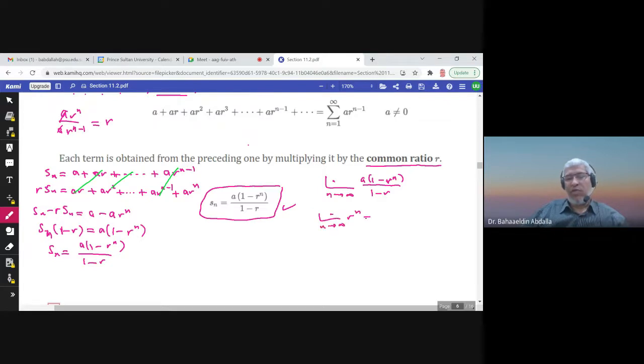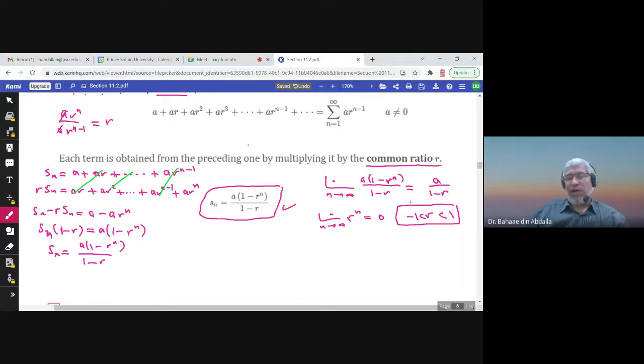And we know from the previous section that this limit is 0 if r is between -1 and 1. So in fact, the limit of S_n when n goes to infinity, if r is between -1 and 1, the limit of r^n would be 0, and the limit would be a over 1 minus r, under the condition that r is between -1 and 1.